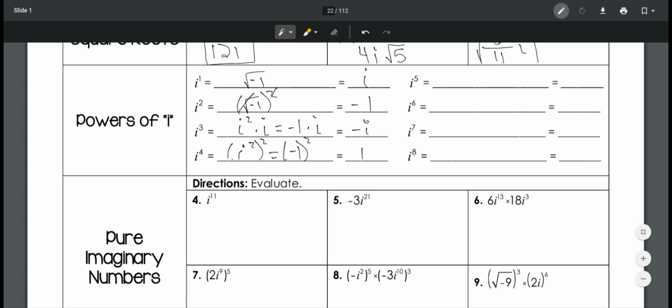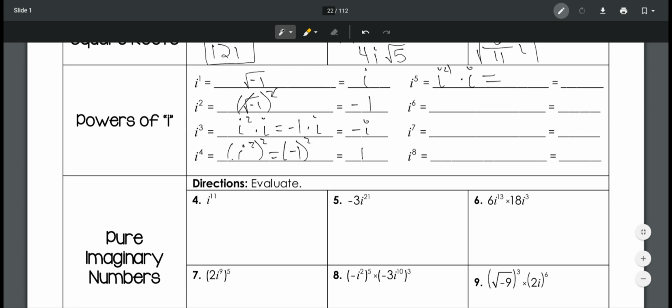Now watch how this pattern emerges on the right-hand side with i to the 5th all the way through i to the 8th. Now keep in mind, anything that has an odd power, like i to the 5th and i to the 7th, will have i in the answer, but you have to determine whether the i should be positive or negative. So in example i to the fifth, we have i to the fourth times i.